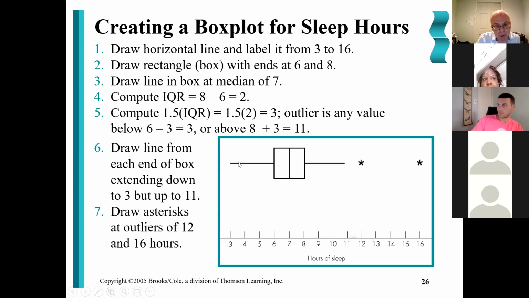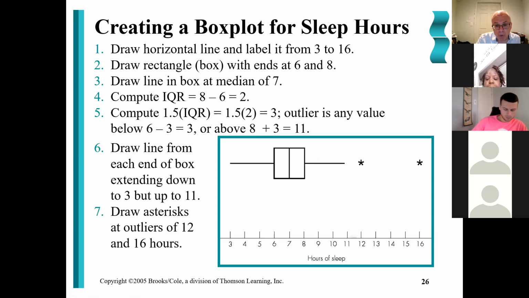And none of these values in between here are outliers. On the right hand side, we have 2 outliers at 12 and 16. And then we draw the horizontal line all the way out to the next number, which is just below these 2 outliers, which happens to be 11. And then we have the outliers at 12 and 16.